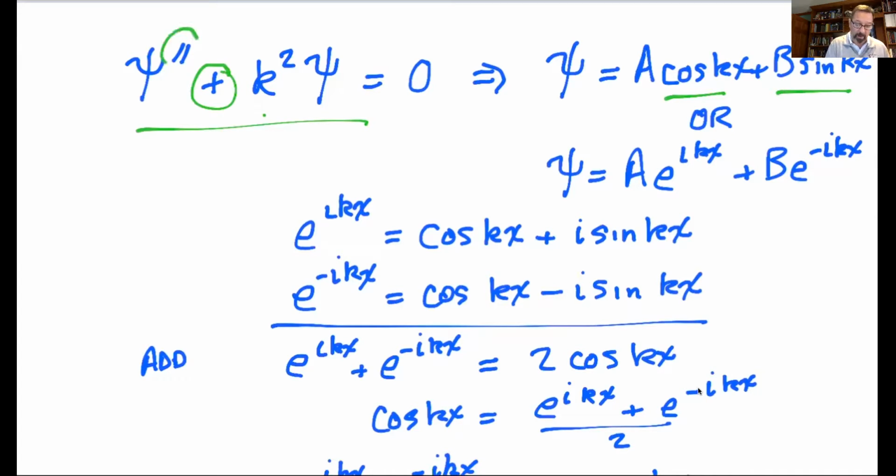That second derivative there is with respect to x, and that's why I've got an x right there and right there. Or it could be a complex exponential. The reason that works is because of Euler's identity. It could be either one of those because Euler says they're equivalent.